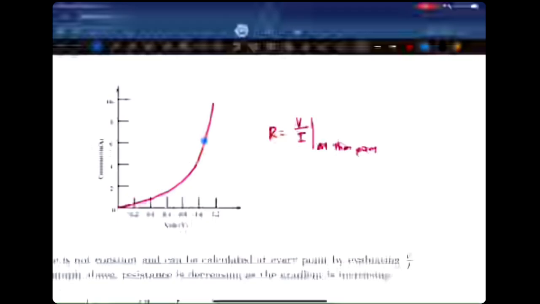Okay, so back to it. I want to emphasize that when you evaluate resistance, you always evaluate it at one point.